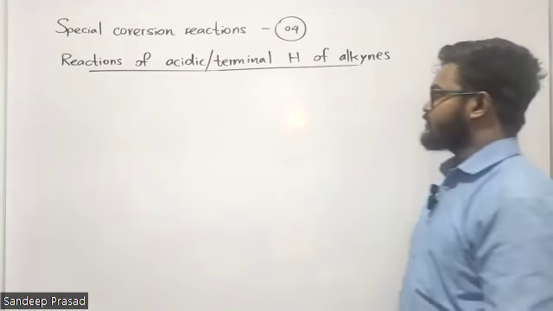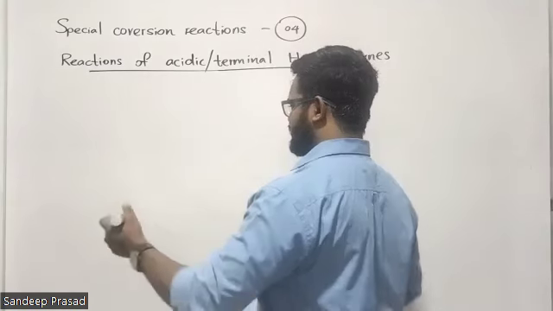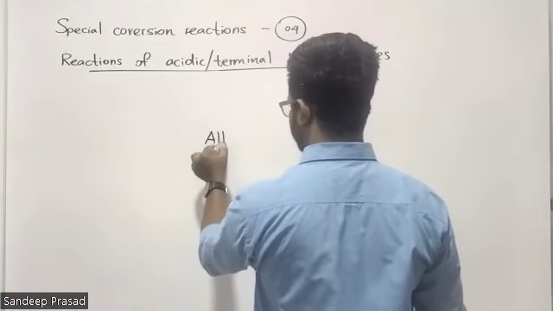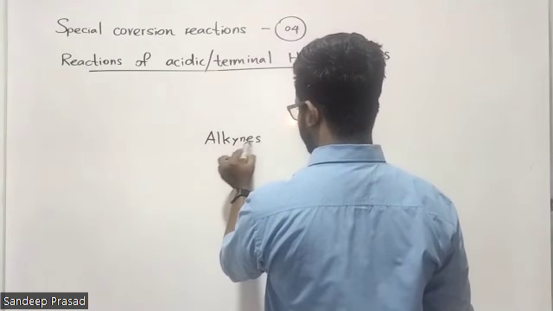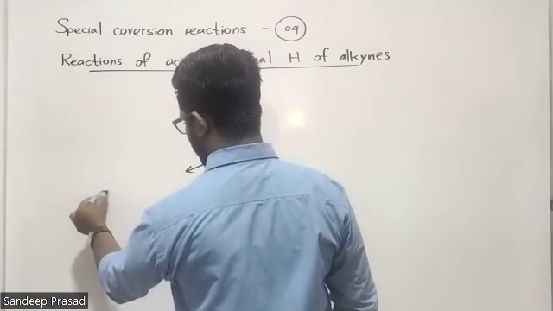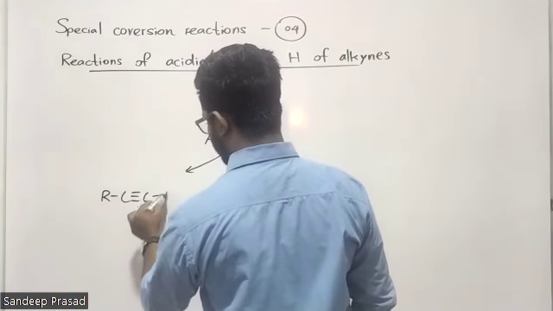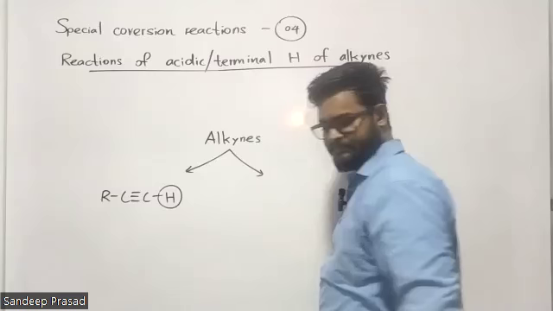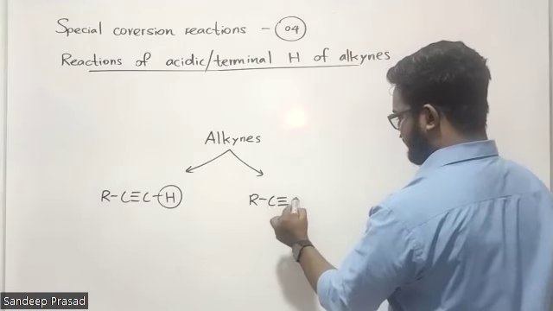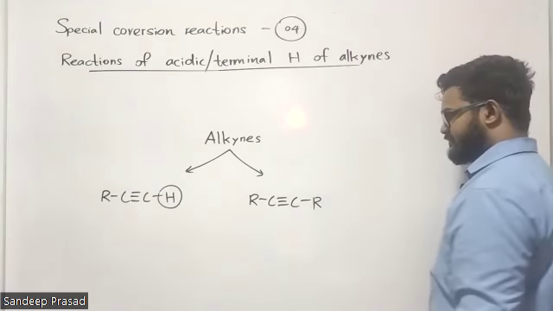Right, okay. Now students, remember, normally when you consider alkynes, we can separate them into 2 parts. There are alkynes which have a terminal hydrogen, and other alkynes which do not have terminal hydrogen atoms.